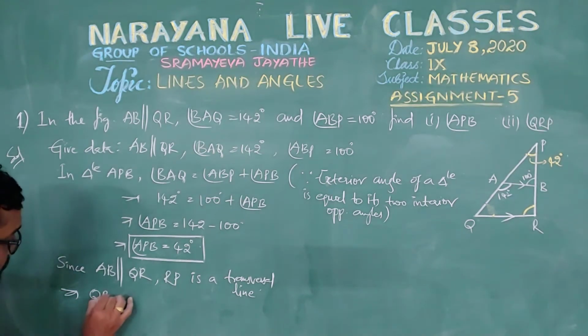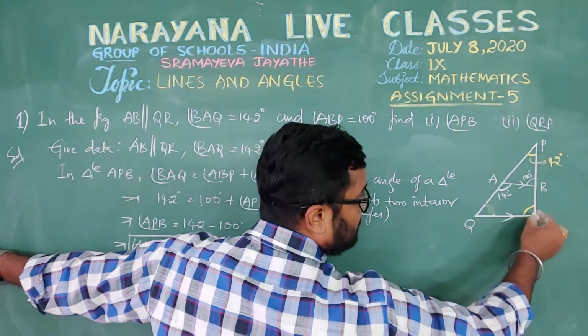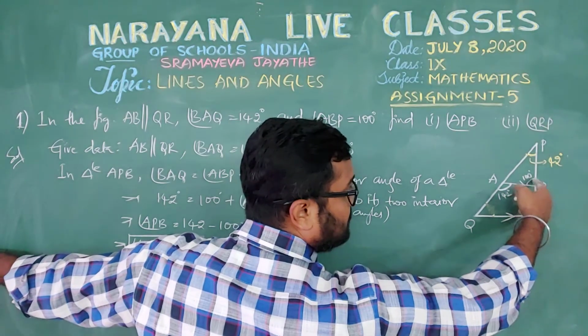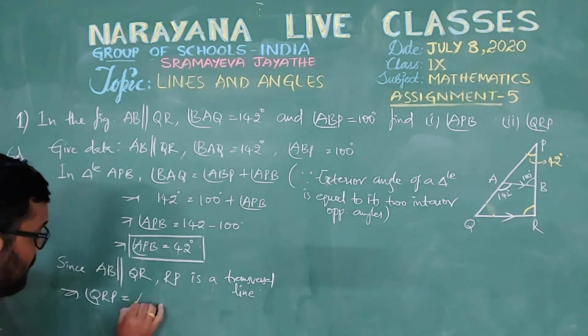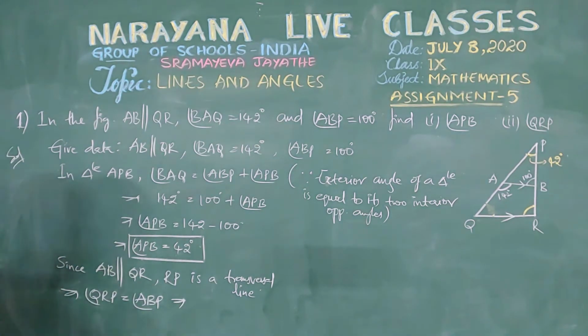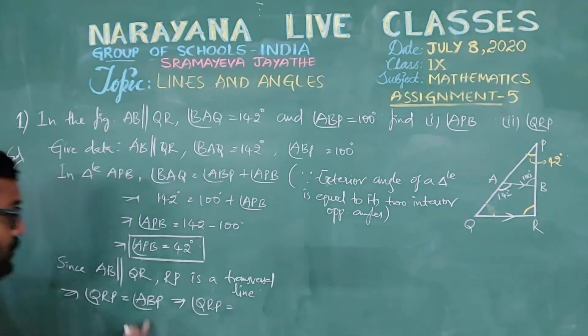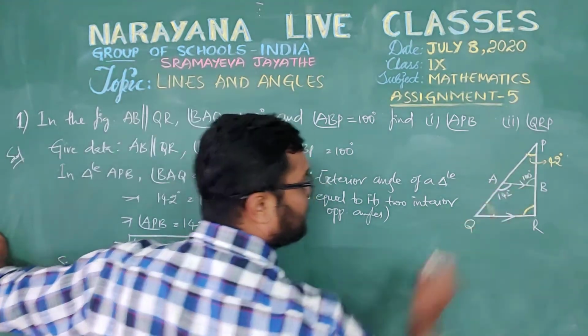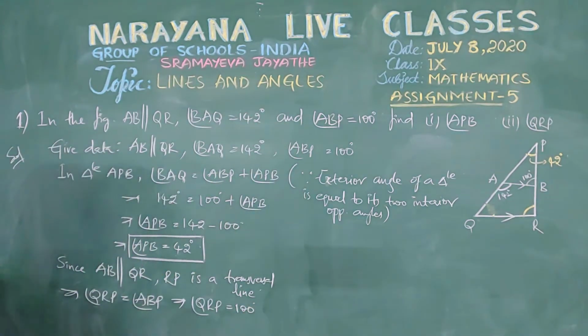Angle QRP is equal to angle ABP, which is 100 degrees.